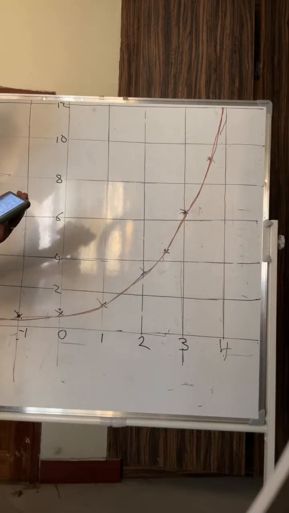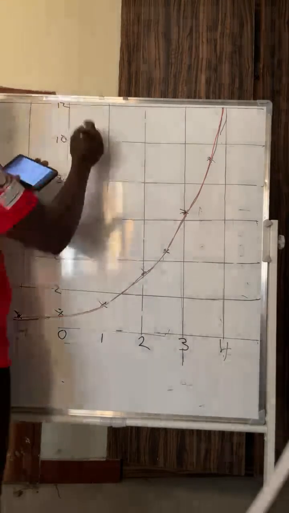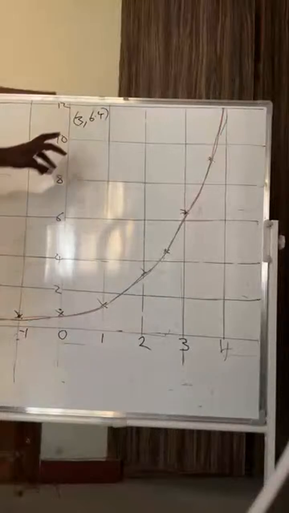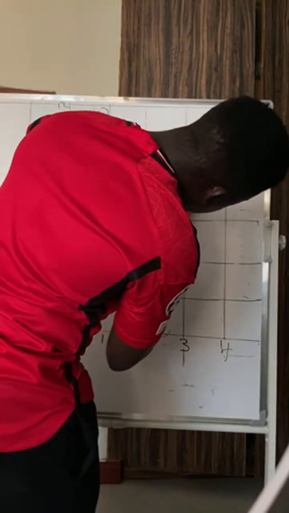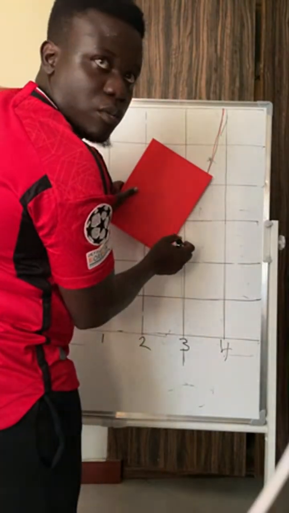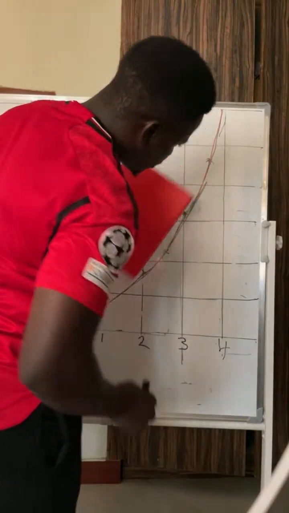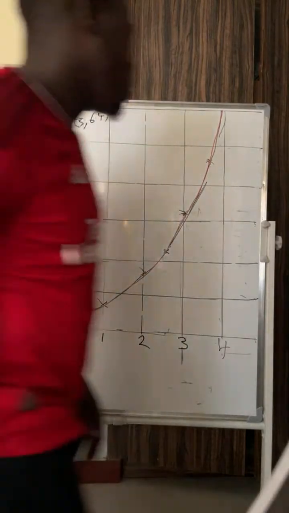So we want to draw a tangent at the coordinates 3, 6.4, meaning x is 3 and y is 6.4. Then we draw the tangent with a ruler.